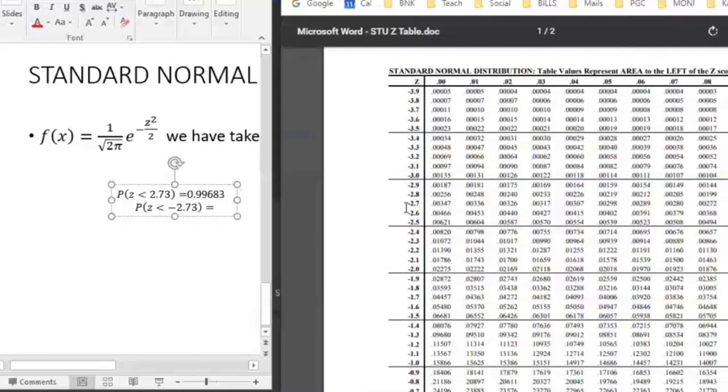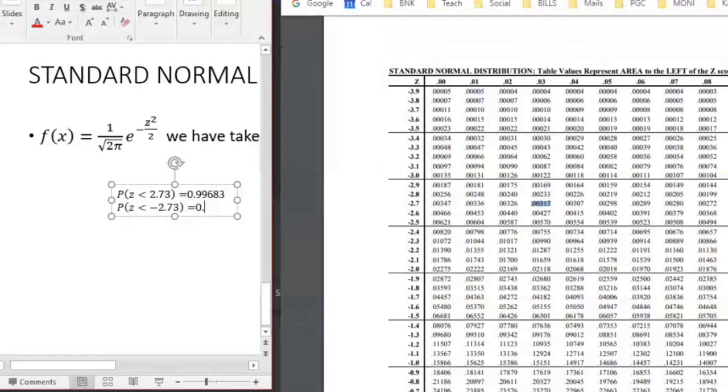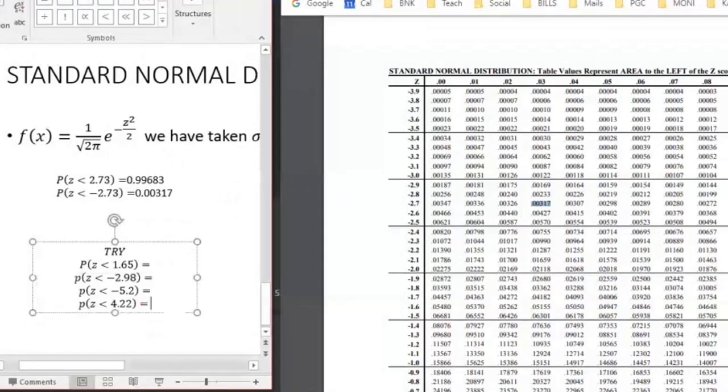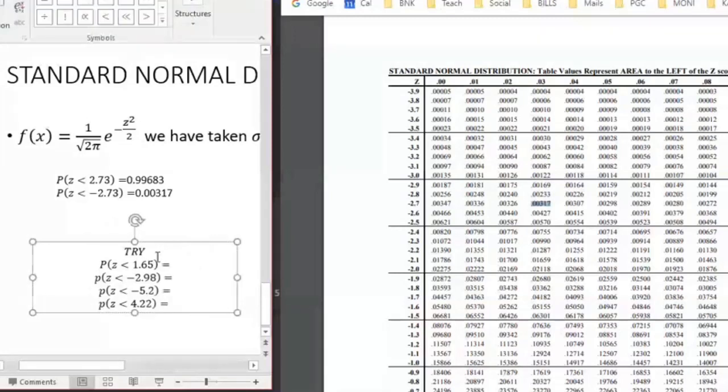So 0.00317. That is the value in the negative region. Try to find these values and put them in the poll. Let us check how many of you get the right answers.